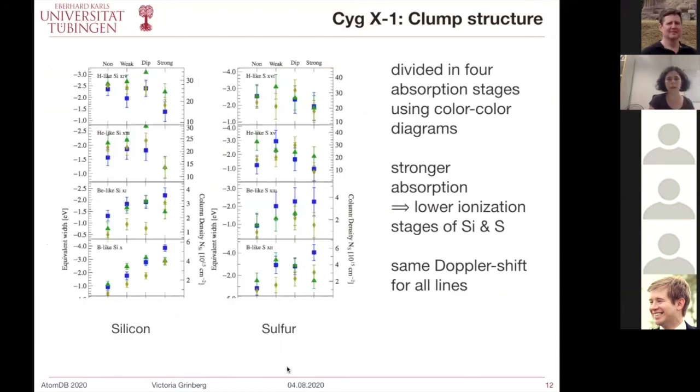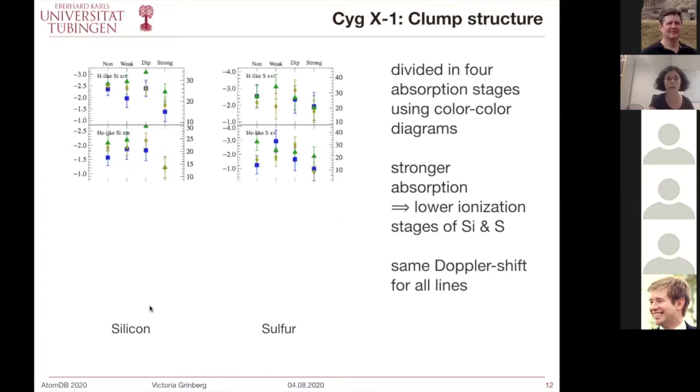So these are silicon and sulfur lines, and the upper 2 are hydrogen-like and helium-like, and you see that as the absorption increases along the y-axis, they become weaker, while the lower ionization lines actually become stronger. So what we are actually seeing is material that is less ionized along our line of sight. By the way, same Doppler shift for all the lines. So it's actually really the same material.